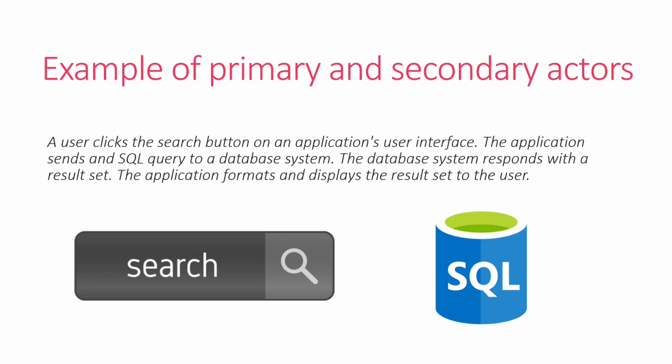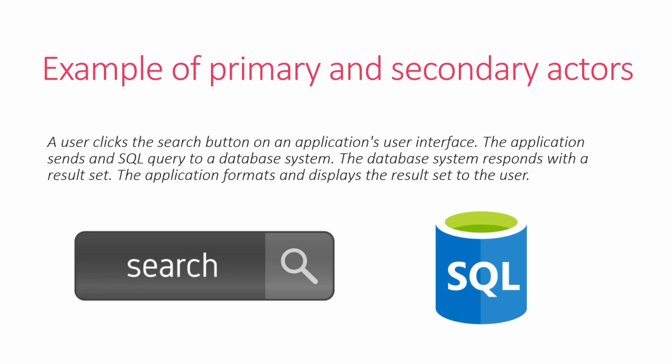Here we have an example of a primary and secondary actor simultaneously. A user clicks the search button on an application's user interface. The application sends an SQL query to a database system. The database system responds with the result set. The application formats and displays the result set to the user.